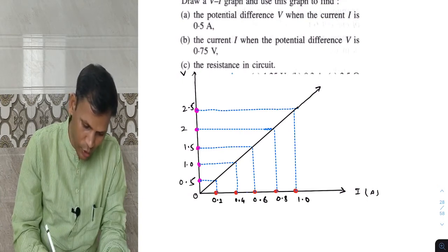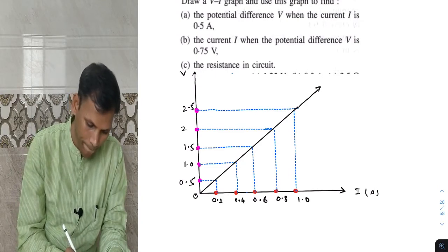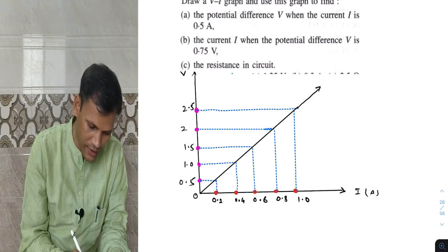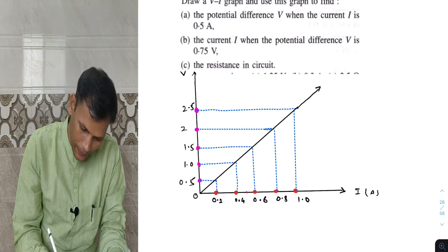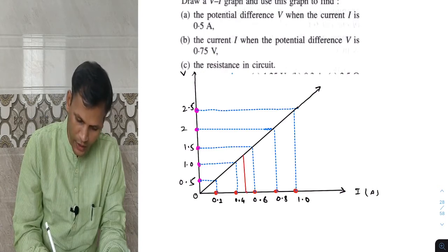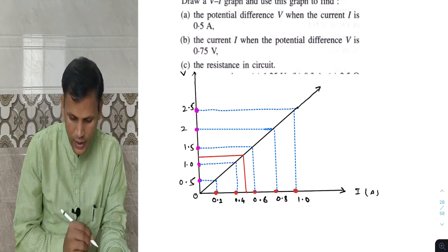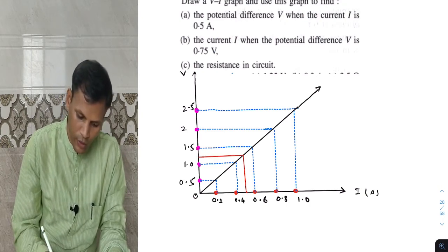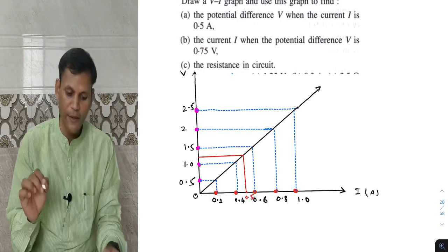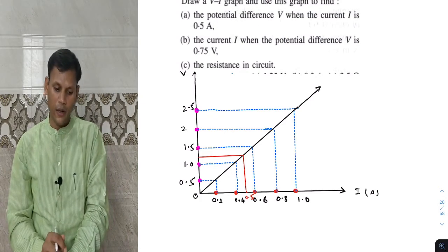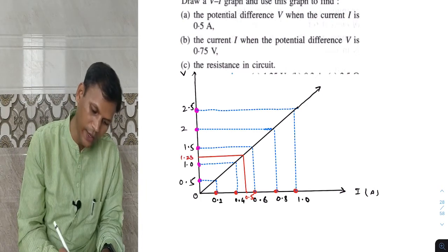I will draw a line from 0.5 this way, and the same we can plot over here also. So for current 0.5, what is the voltage? It is in between 1 and 1.5, so I can write it as 1.25.